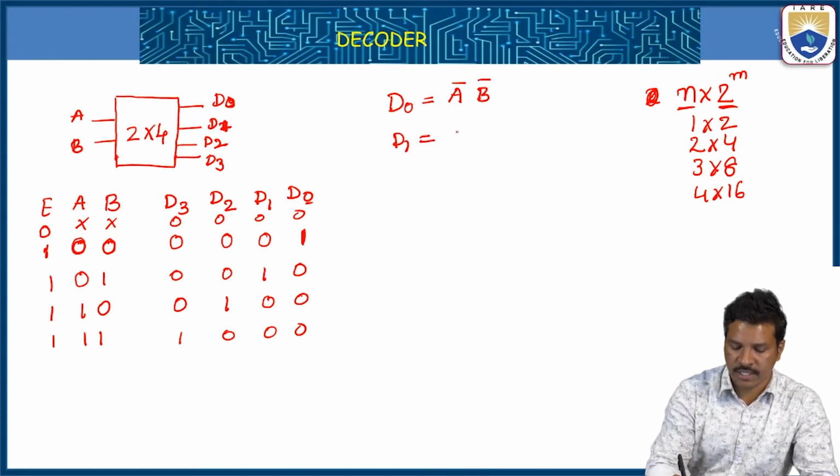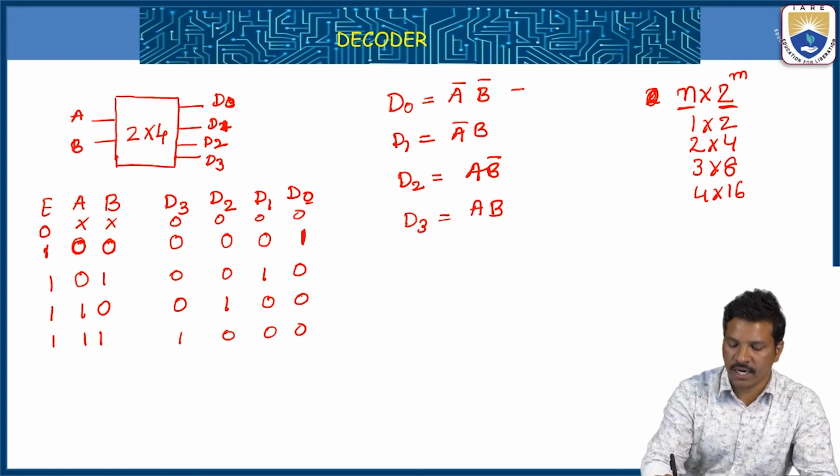D1 is A bar B. D2 is A B bar. D3 is A B. These are minterm 0, minterm 1, minterm 2, minterm 3.